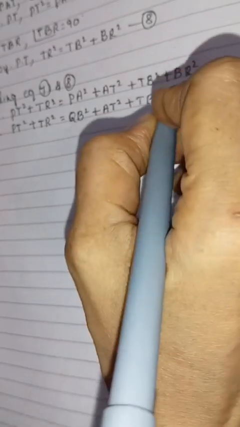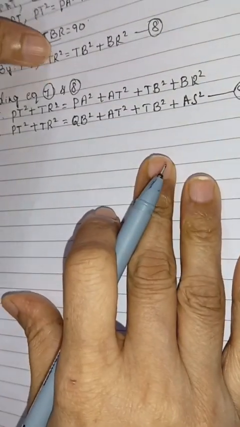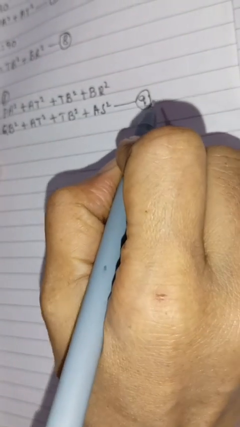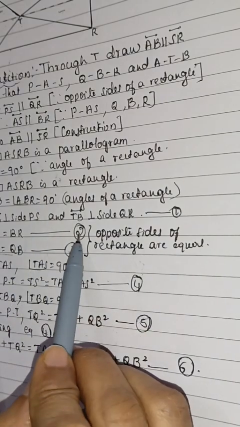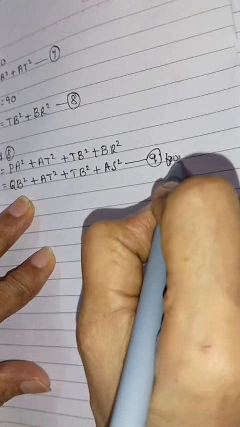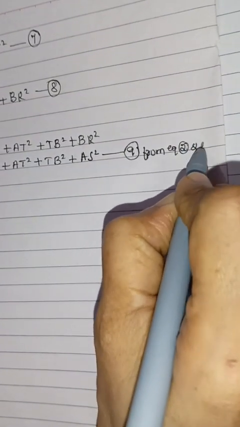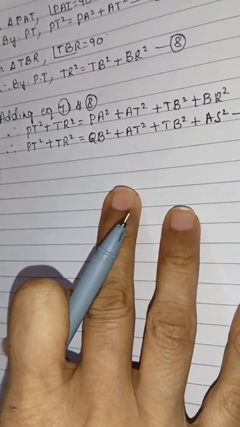This BR square is AS square. See, this is equation number 9, and this is from substitution from equation number 2 and 3.